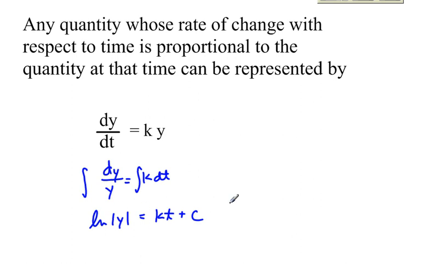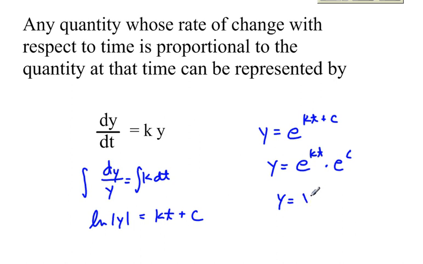And then we can solve for this, and we're going to get that y equals e to the kt plus C. And then it turns out that we can write this as y equals e to the kt times e to the C. And that e to the C is our initial value. I'm going to call it y sub 0 e to the kt.